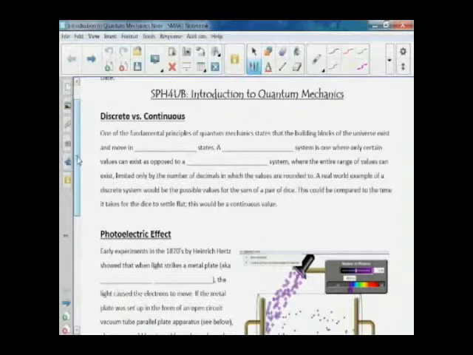So let's read here together. One of the fundamental principles of quantum mechanics states that the building blocks of the universe exist and move in discrete states. A discrete system is one where only certain values can exist, as opposed to a continuous system where the entire range of values can exist, limited only by the number of decimal places.